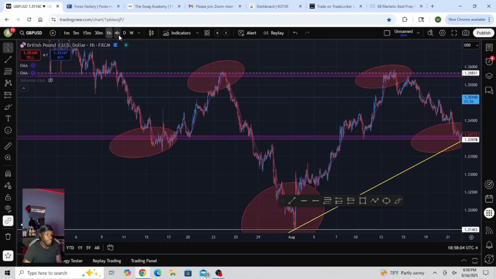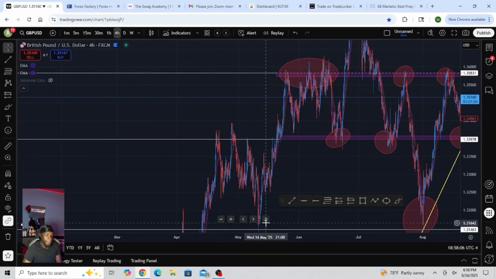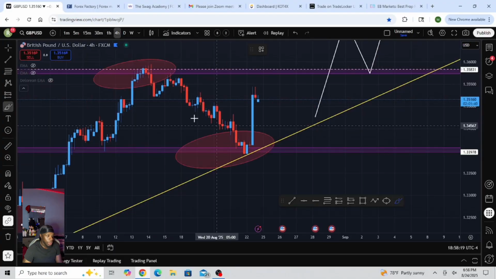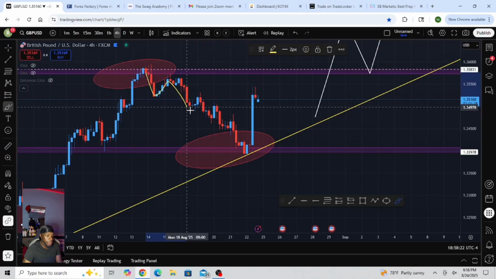So just to recap everything, it's not really much structure here. Let me delete these real quick. There's little swing lows and swing highs here and there, but for the most part, price just got down here. We got the push.